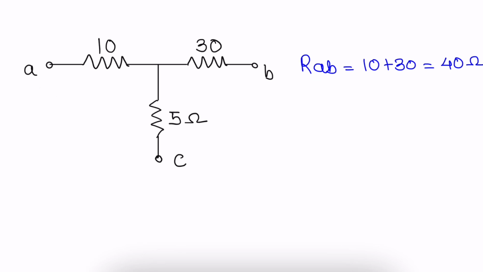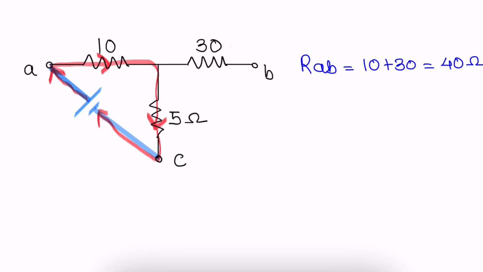Next, find RAC. Same steps. We assume there is a battery between points A and C. Let us see how the current will flow. The current will flow from the 10 ohm component, through the 5 ohm component, back to the negative terminal.